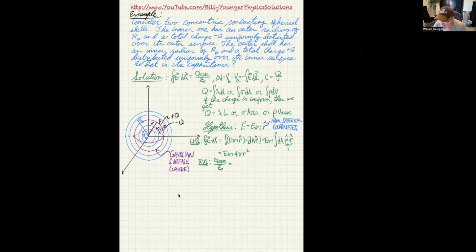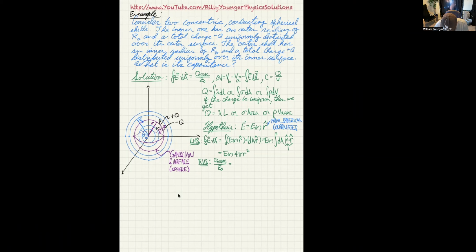The surface of a Gaussian sphere is in fact a two-dimensional surface, so you should immediately start thinking that it's a sigma, because sigma is charge per unit area, so it'd be like coulombs per square meter, and the surface area is clearly measured in square meters. So we're thinking of using the sigma, and in fact what we have to figure out is the total charge inside of the Gaussian surface.